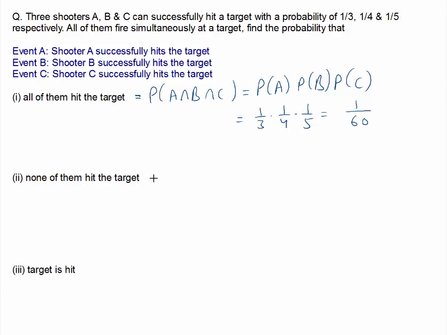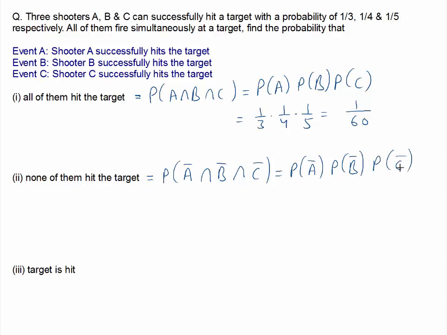Now what is the probability that none of them hit the target? Meaning A does not hit the target, intersection B does not hit the target, intersection C does not hit the target. So that would be equal to probability of A complement multiplied by probability of B complement multiplied by probability of C complement. What is probability of A not hitting the target?